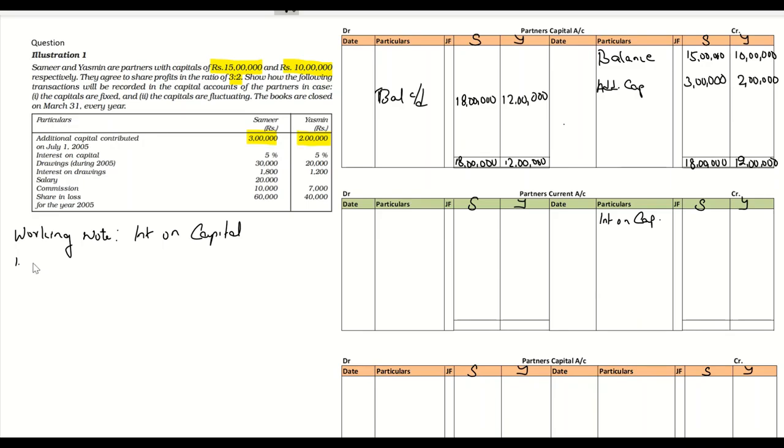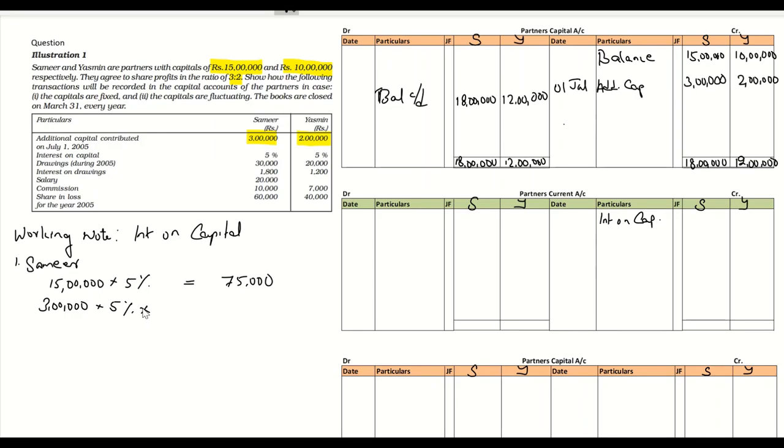First, it is for Samir. So he has 15 lakhs capital at 5% for the entire year, so it will be 75,000. Again, there was an additional capital that he brought in on 1st July, which is 3 lakhs, and that also has 5% interest on capital.